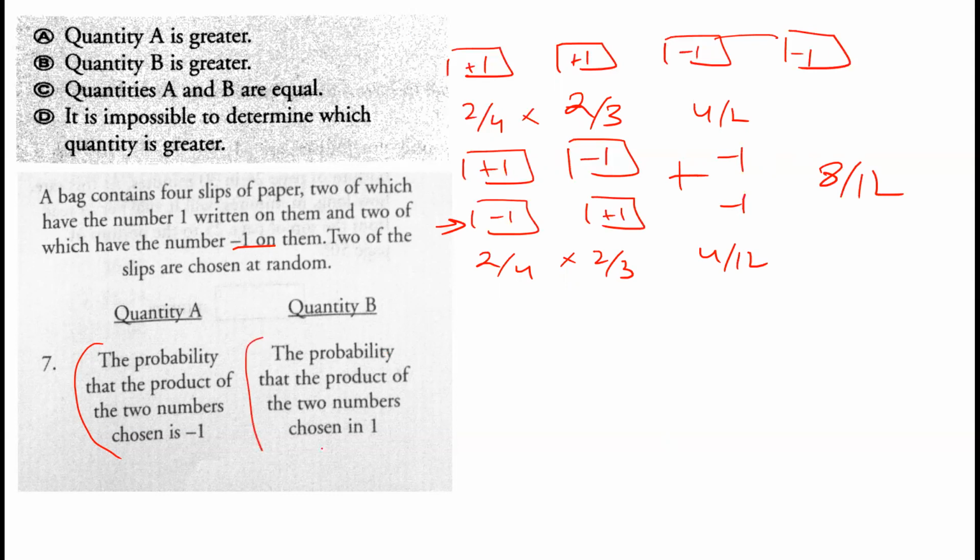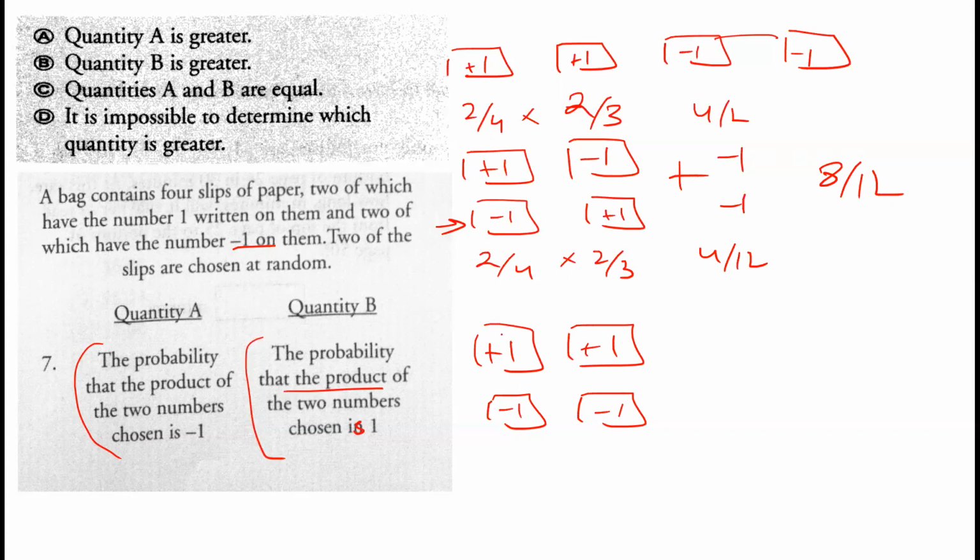And the probability that the product of the 2 numbers chosen is 1, this should be "is". This can only be if we multiply 1 by 1, or if we multiply minus 1 by minus 1.